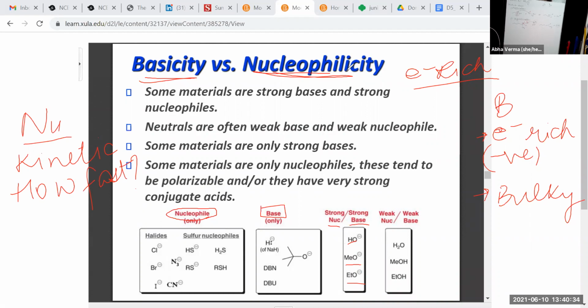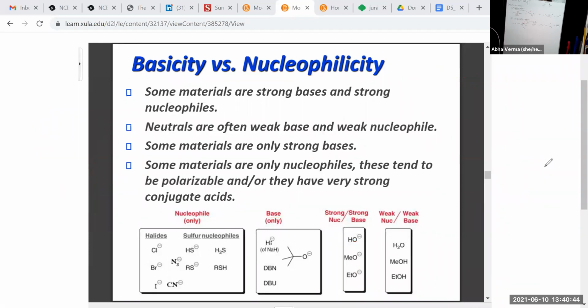So both our basic and nucleophilic materials want to be strong electron donors. Who are strong electron donors? All the negative charges are strong electron donors. Who are poor electron donors? Weak nucleophiles, weak bases: neutral molecules.